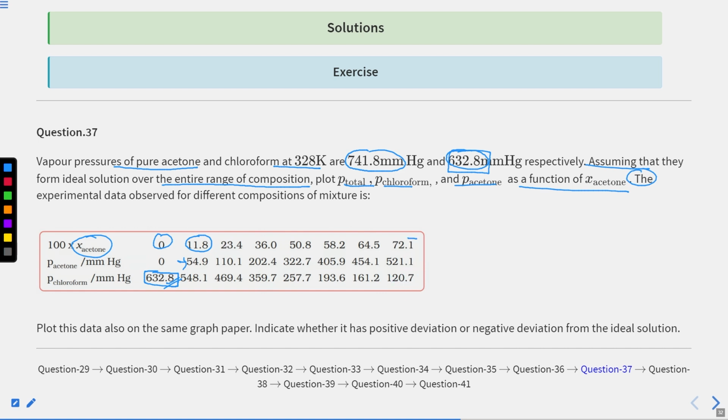At last, we have put this up to 72.1. Now from here, you can also calculate P total because we have to plot P total also. So basically, we have to plot a graph.